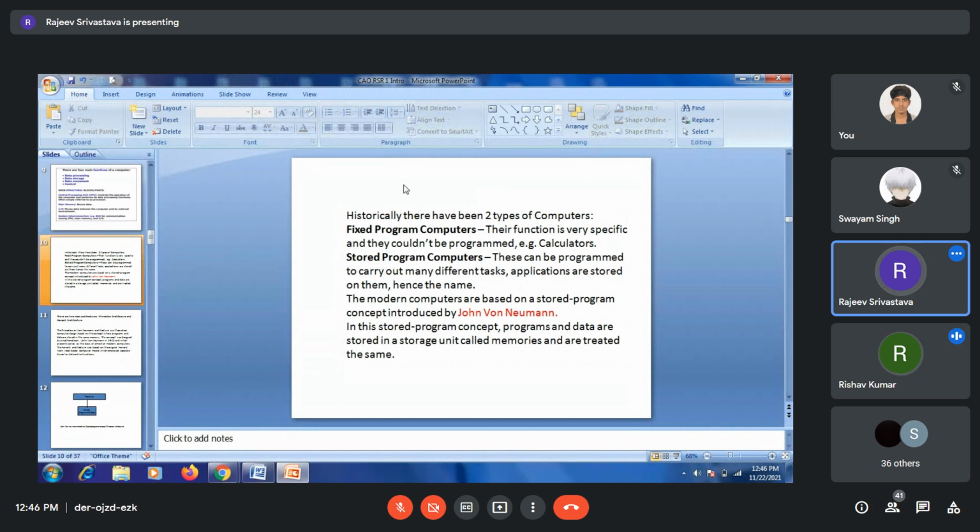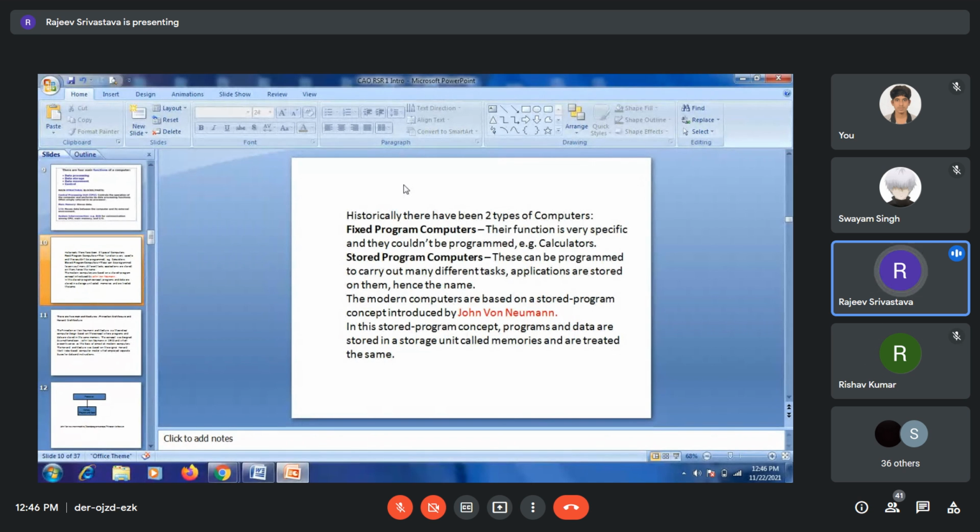So John von Neumann gave two major concepts. First, that program and data share the same memory. That is, we have one memory and one processor. So programs and data both share the same memory, and the program has to be loaded into main memory before being executed.